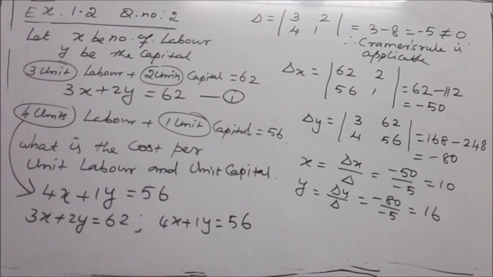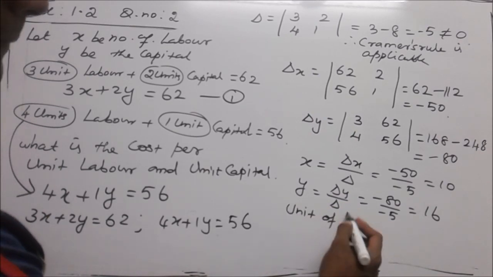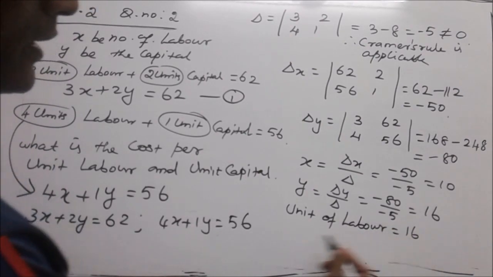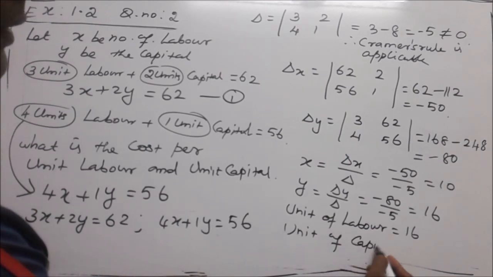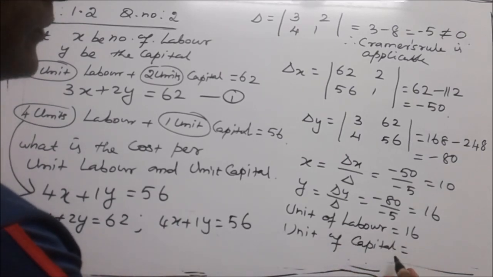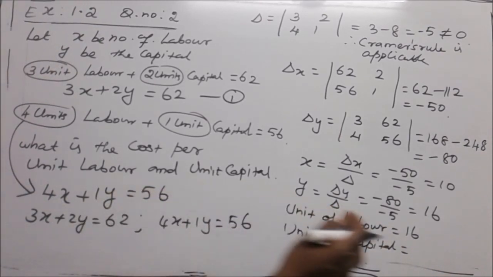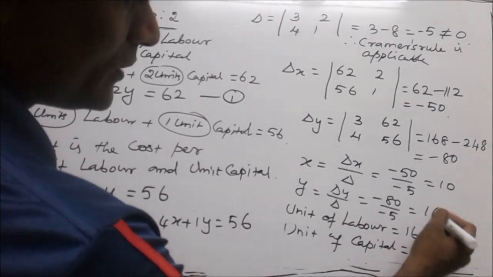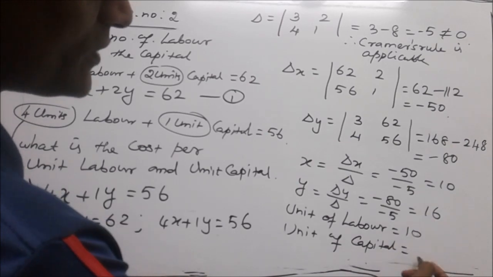Therefore, the cost of a unit of labor is rupees 10 and a unit of capital is rupees 16.